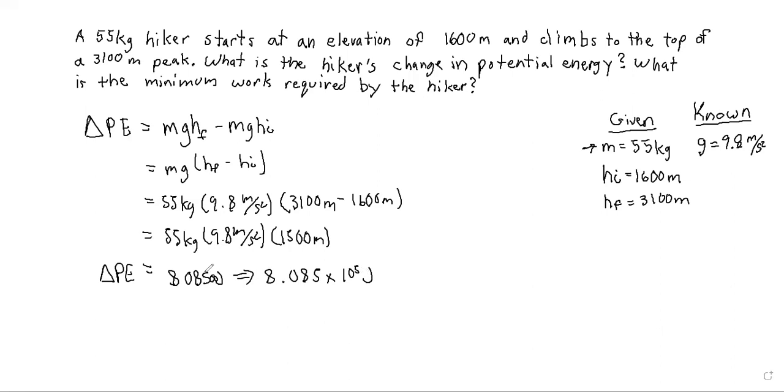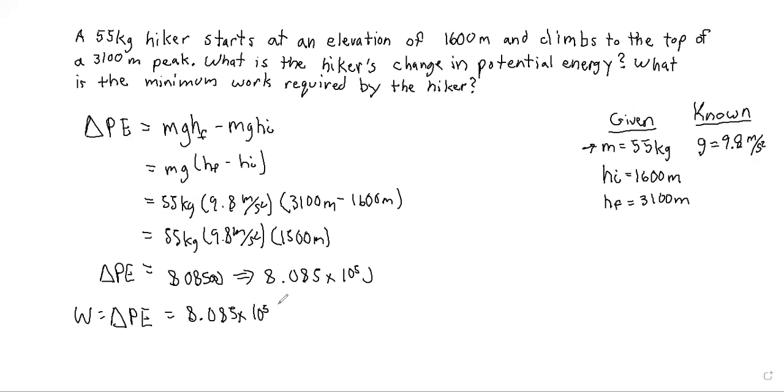Now, the second question was, so this is the change in potential energy. The second question is, what is the minimum work required by the hiker? It just turns out that work equals the change in energy, or change in potential energy, and we already have that. So the answer to the second question is 8.085 times 10 to the fifth.